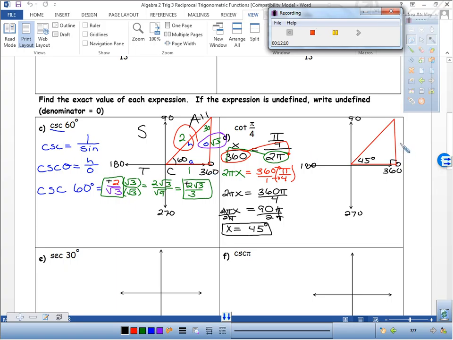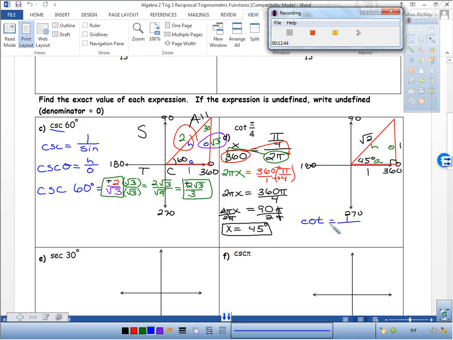Okay. Then we're going to do 1 and radical 2 because those are my ratios. This is the opposite. This is the adjacent, and this is the hypotenuse. So cotangent equals 1 over what, class? Cotangent is 1 over what trig function?